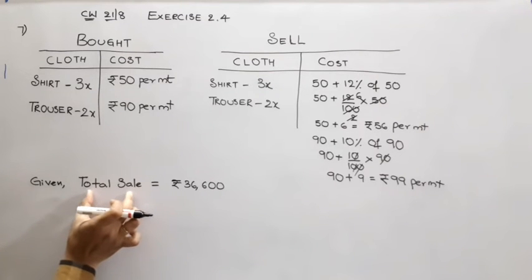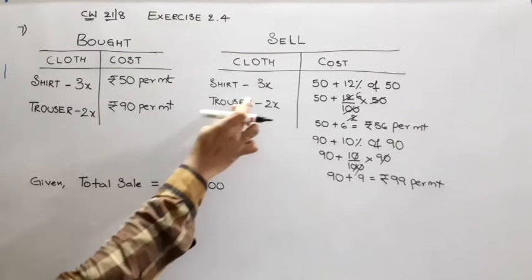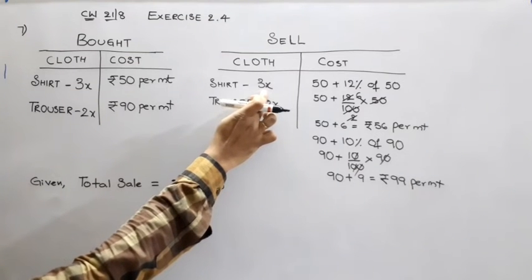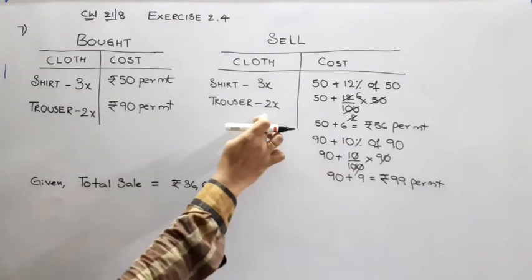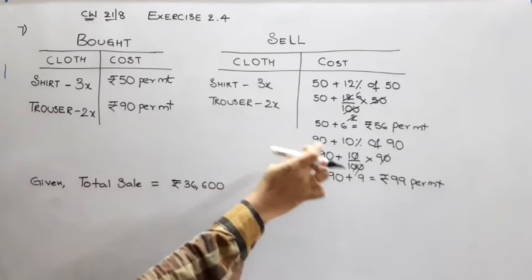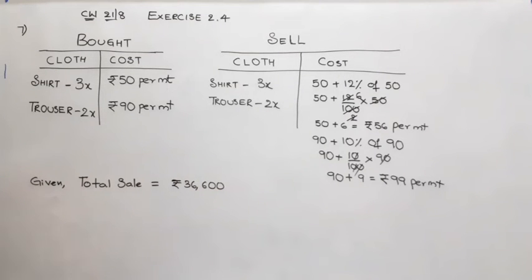Then what does it mean by total sale? Amount of shirt cloth into the cost, plus amount of cloth used for trouser into the cost per meter.